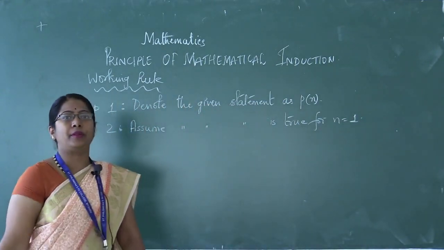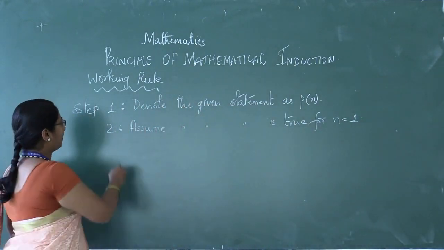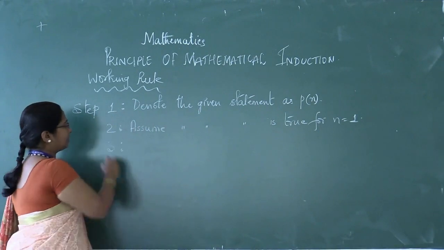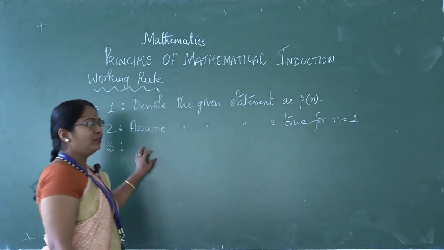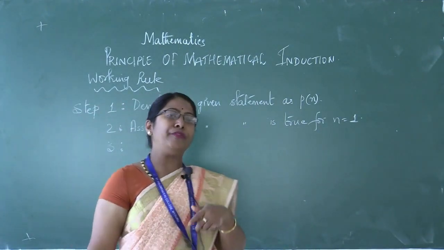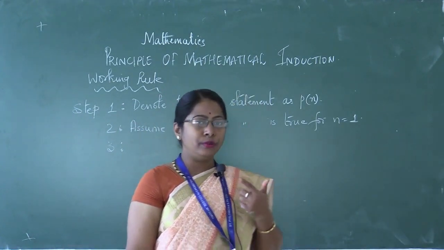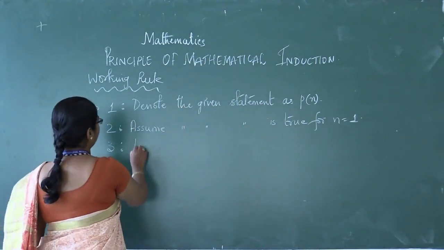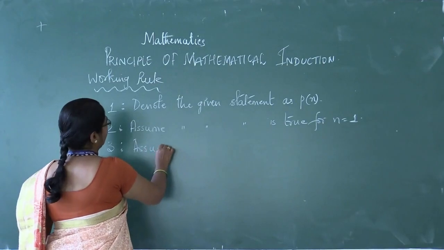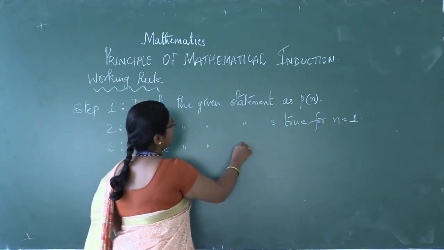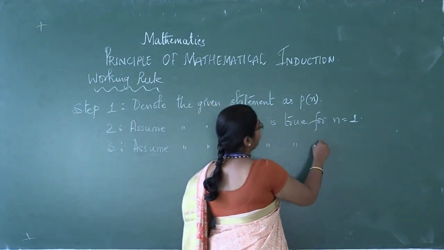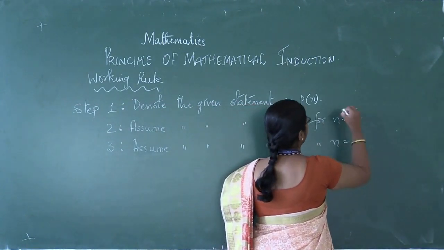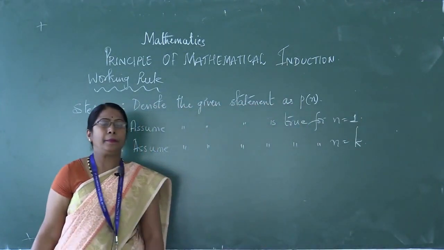Then step number 3, assume the given statement is true for n equal to k.